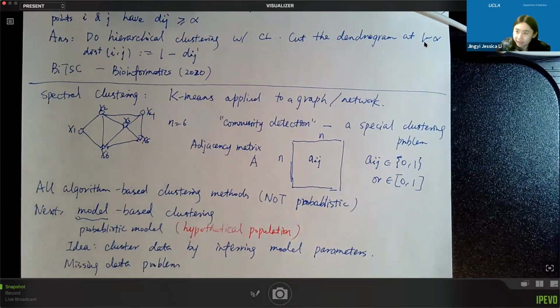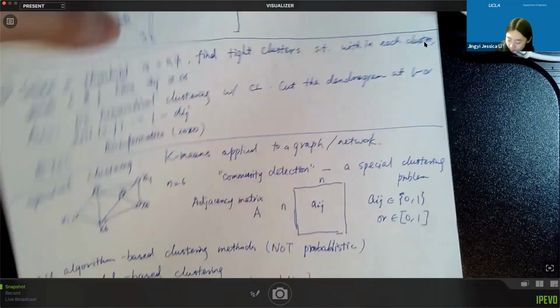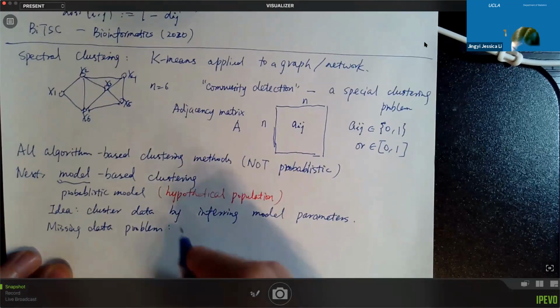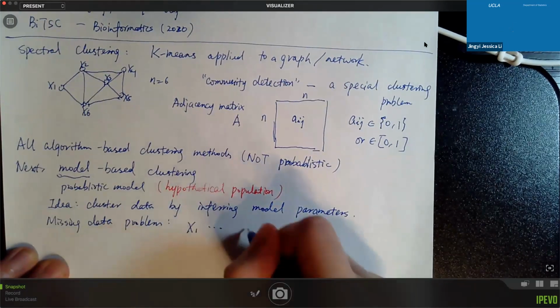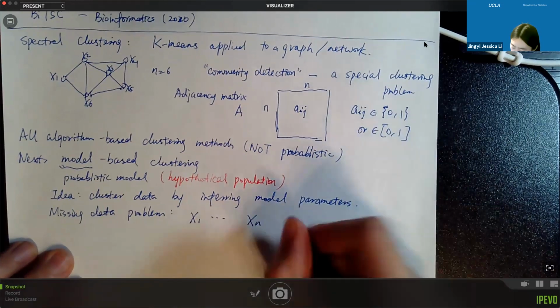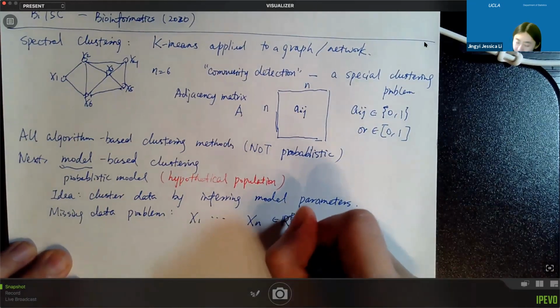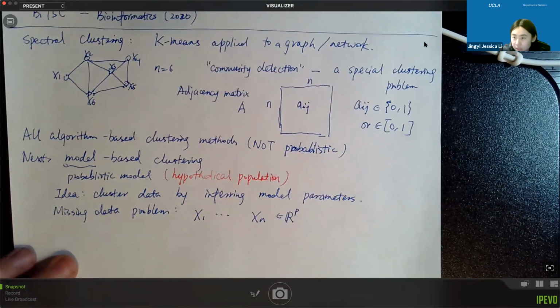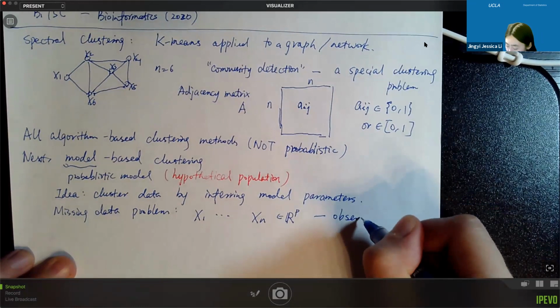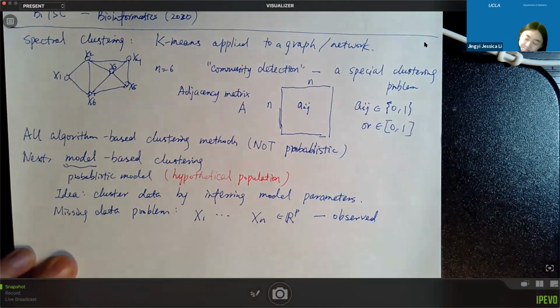What's missing here? If you think about our notation in k-means, we have data points x1 to xn, each of them belonging to the p-dimensional space as a vector. That's our data, and we know that these are observable, or we actually observe them.